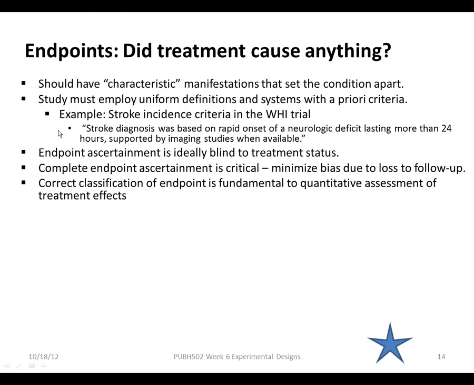As we've said, it's very nice if the people ascertaining endpoints are blinded to treatment status, so there's no possibility of bias there. And when we talk about complete ascertainment, that means we want to make sure that everyone who entered the trial can be measured at the end of the trial.